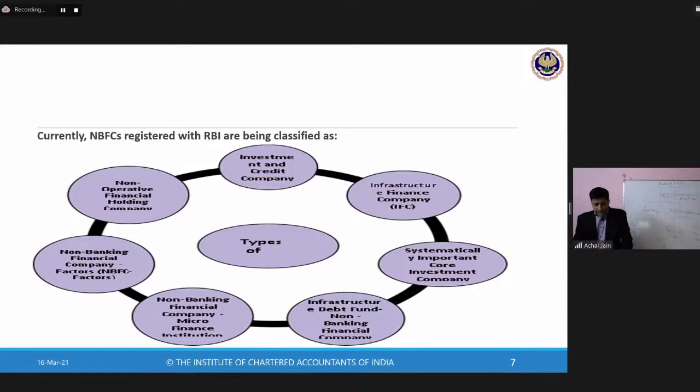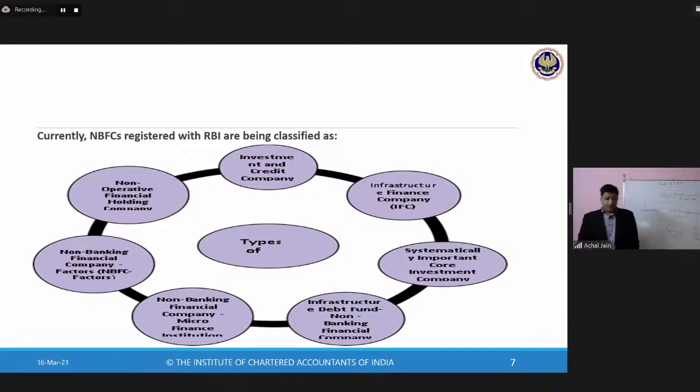Okay. There are certain NBFCs which are exempted from the requirement of registration with RBI. Why? Because some other regulation is driving them. Means other than RBI, they are required to get registered with some other organization. For example, stock exchanges. They are driven by SEBI regulations. For example, housing finance institutions. They are regulated by National Housing Bank. For example, merchant banking companies, they are again regulated by SEBI requirements.